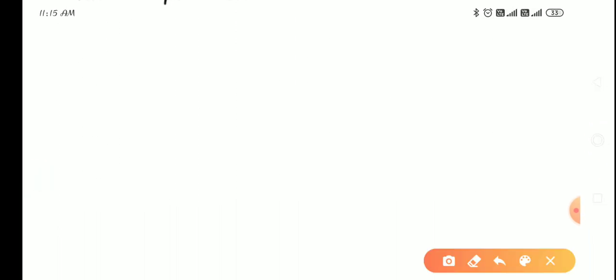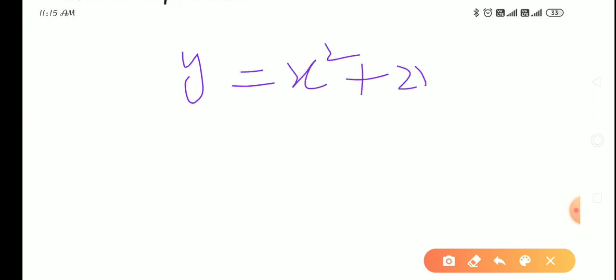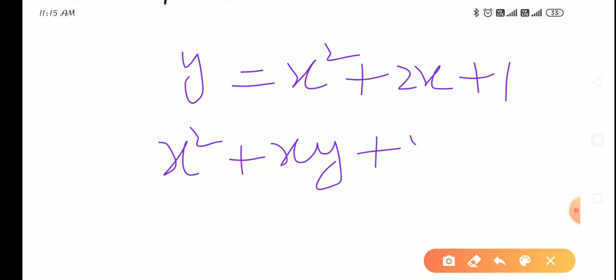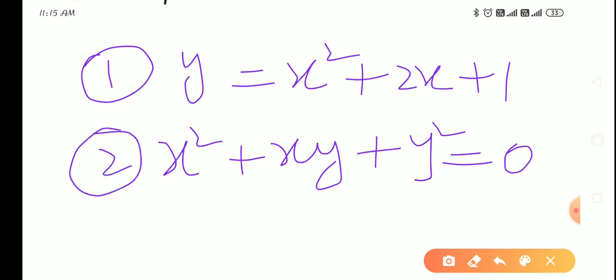So you see here in front of you I am writing two functions: y equals x square plus 2x plus 1, and x square plus xy plus y square equals 0. This is first one, this is second one. Now what is the difference between these two functions?